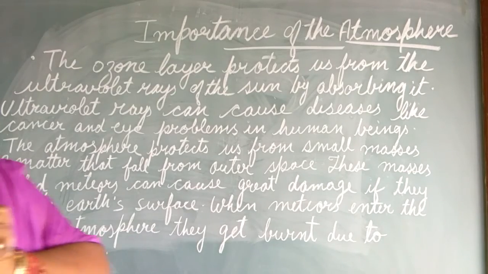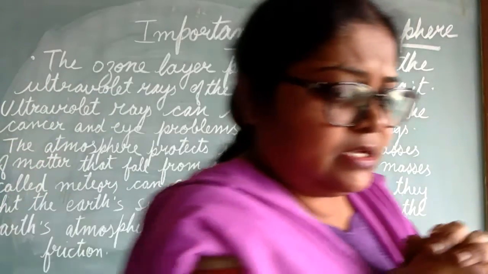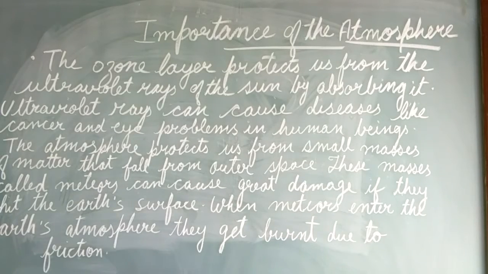So today you have learned the third point of the importance of atmosphere. What have you learned? That the ozone layer protects us from the ultraviolet rays of the sun, by absorbing them.